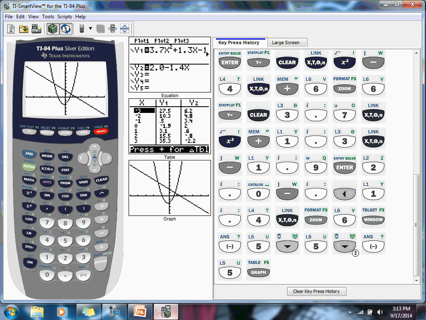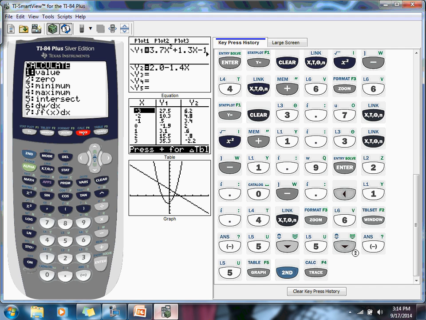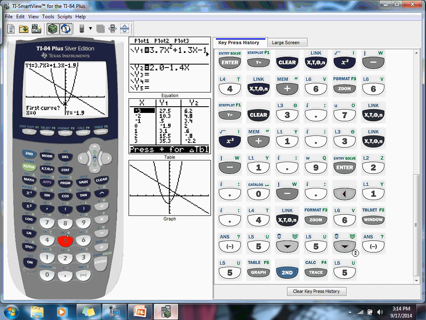Okay, so now if I'm trying to find my solutions, I have to find where the parabola and the line intersect. So how I do this is I go back to second calc, and option 5 is intersect. Now, I have to arrow over just a little bit.